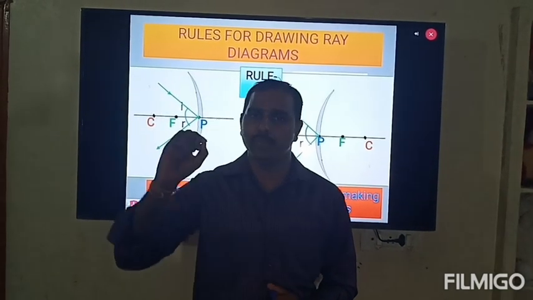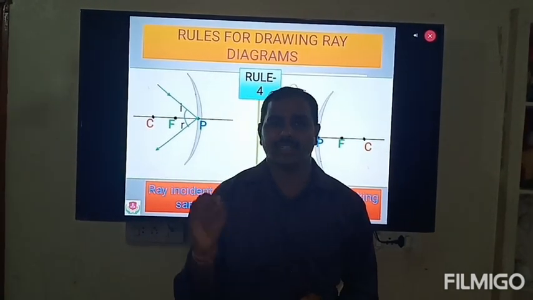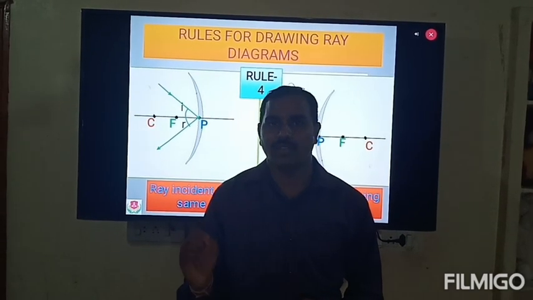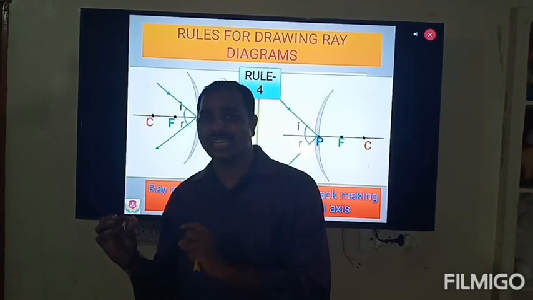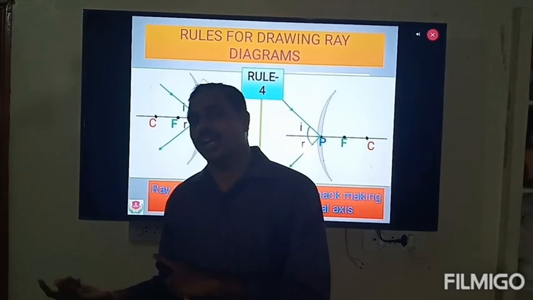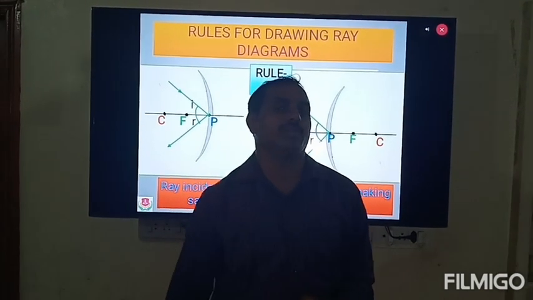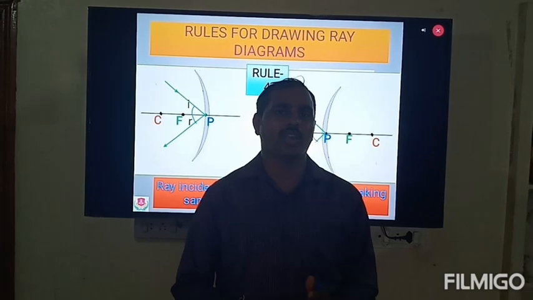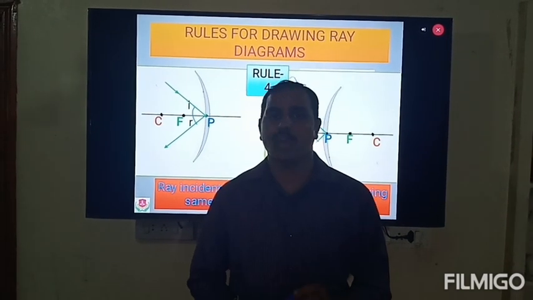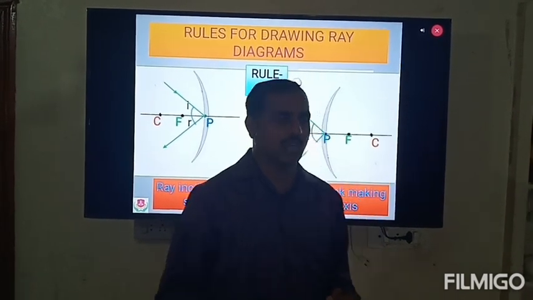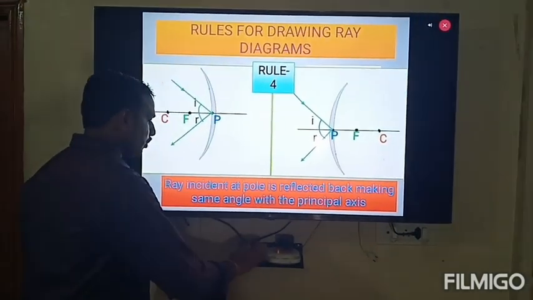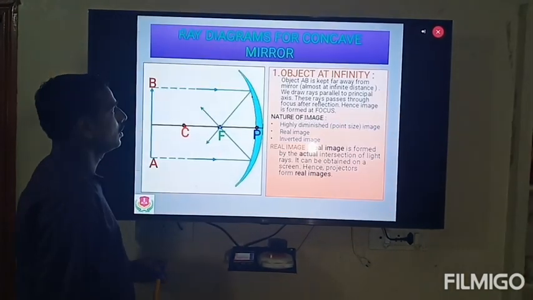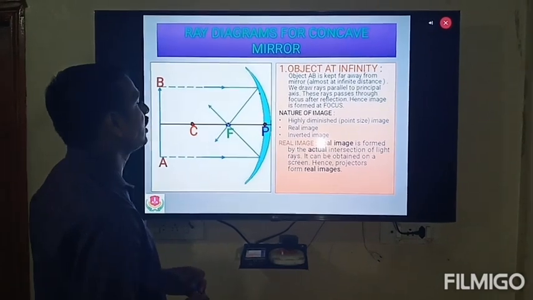Because whenever an image is formed, it is formed because of these reflected rays where they intersect. At that point only the image formation will occur. So now we are going to see the ray diagrams formed in the concave mirror. How to draw ray diagrams in the concave mirror. So these are the ray diagrams for the concave mirror.